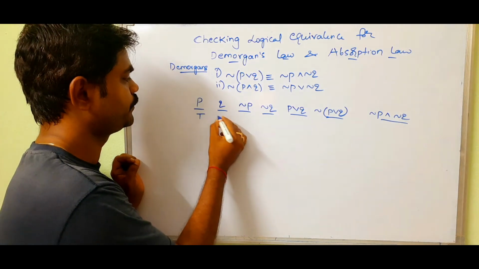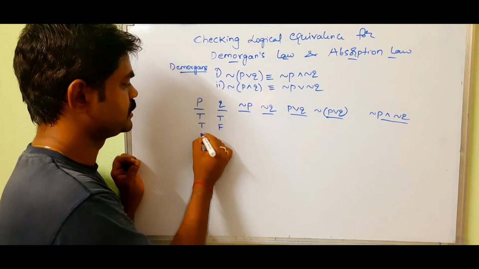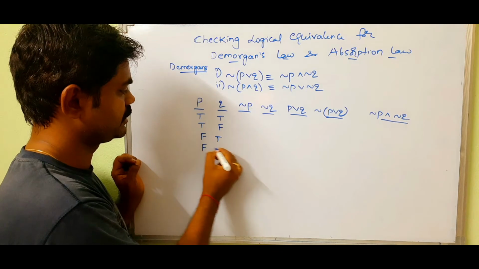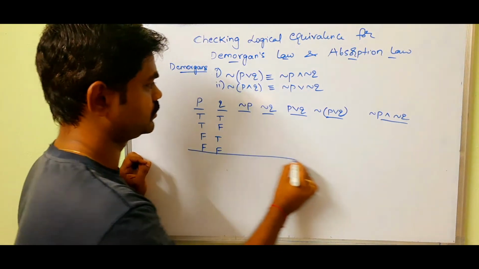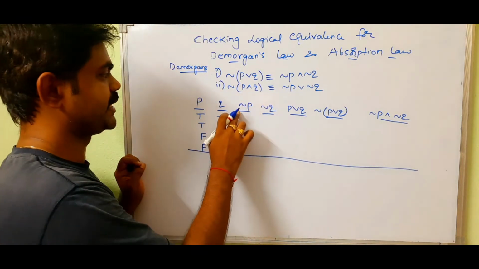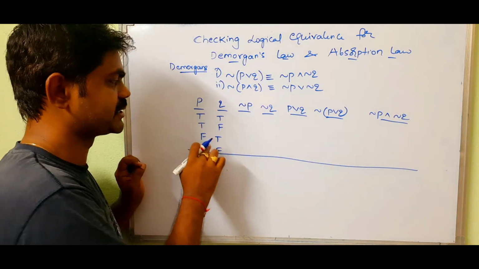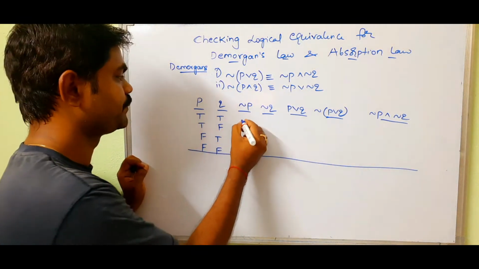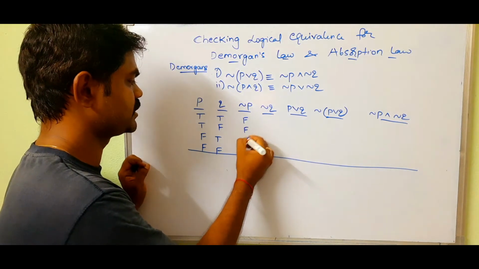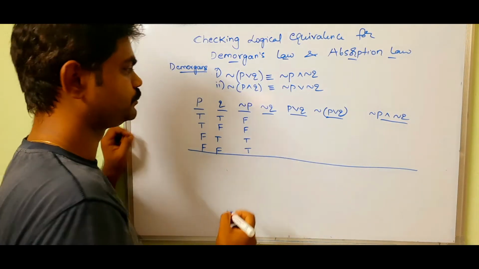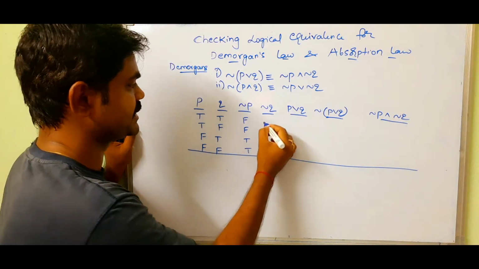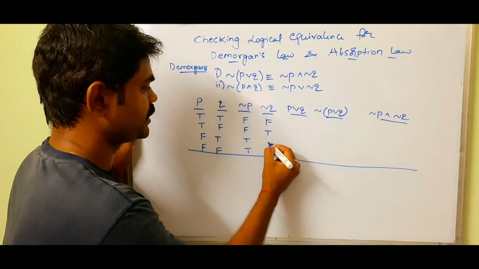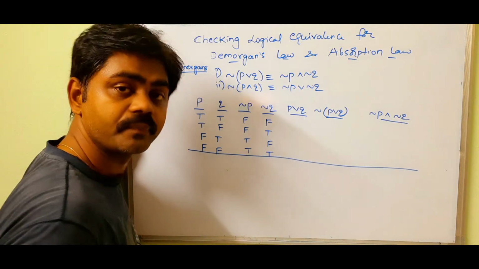So true, true, false, false for P, and true, false, true, false for Q. What is negation P? Negation P is exactly opposite, so false, false, true, true. What about negation Q? True, false, true, false becomes false, true, false, true.